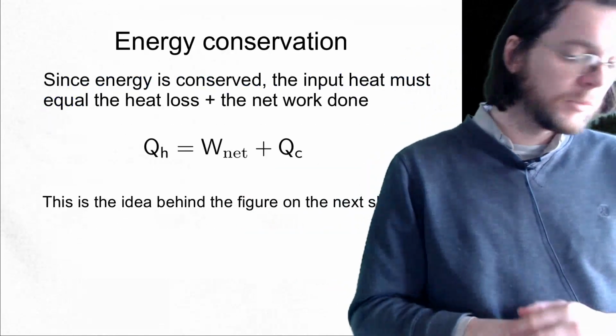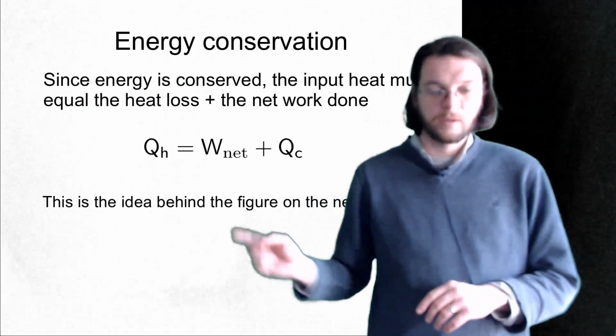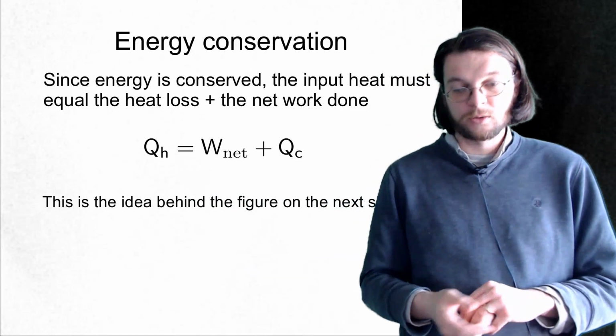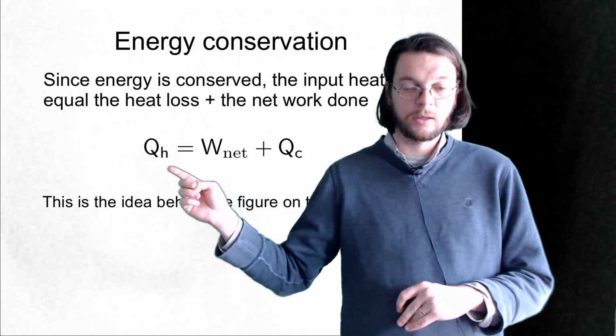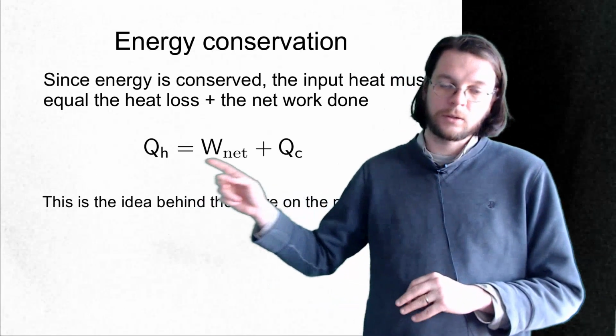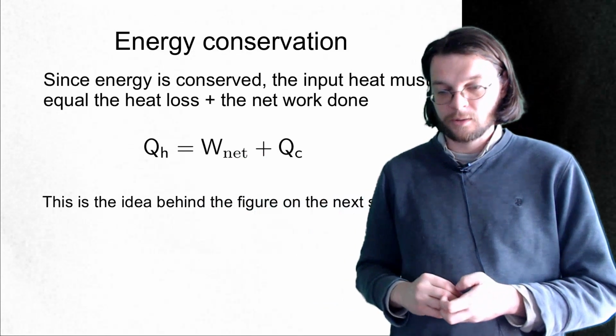Now, an equation you'll sometimes see in units like this is this one. So Q hot is the energy that goes into the system. In our case, this is the heat from the laser. And at the end of the day, the heat from the laser is going to go into the useful work that we're going to get out of this system.